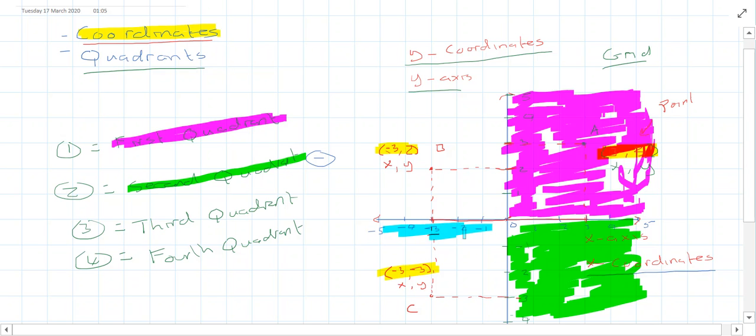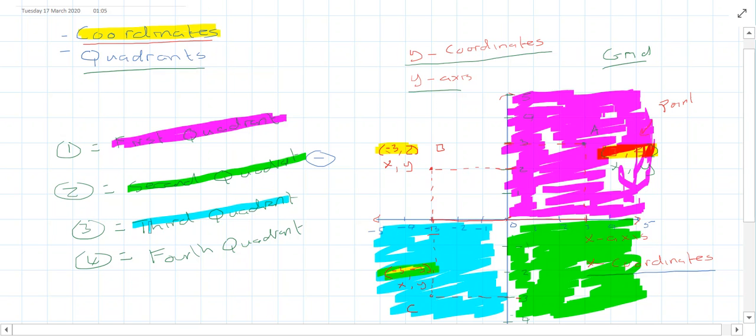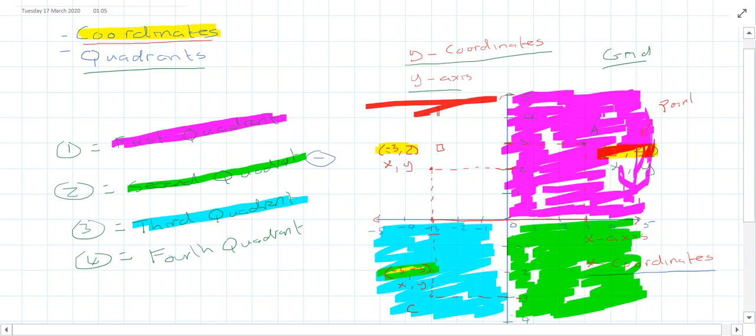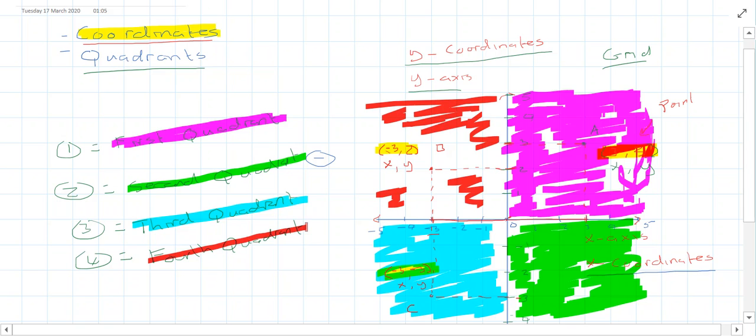This space down here is the third quadrant. Then let me get a different color. I'm going to use red. This space here, I don't want to color over all the red, is what's known as the fourth quadrant.